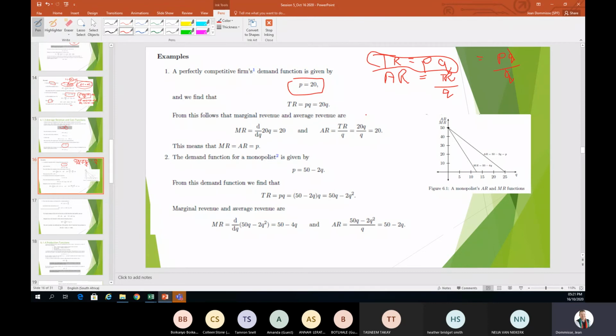So your answer is P, and P was 20. So the average would also be 20.